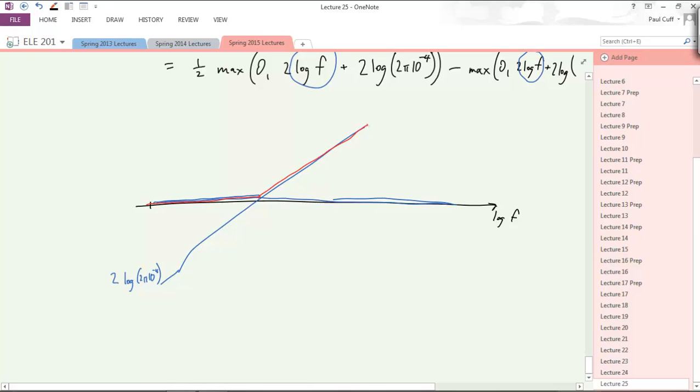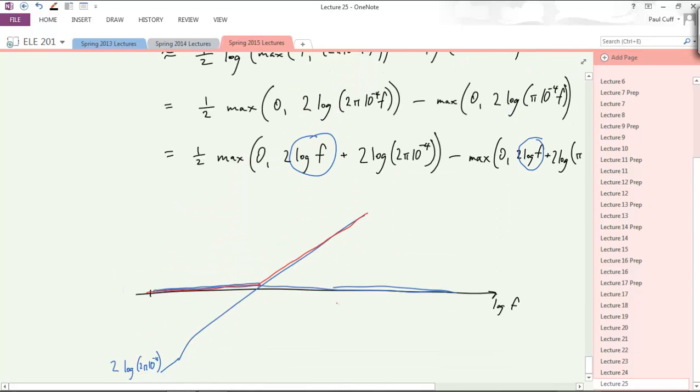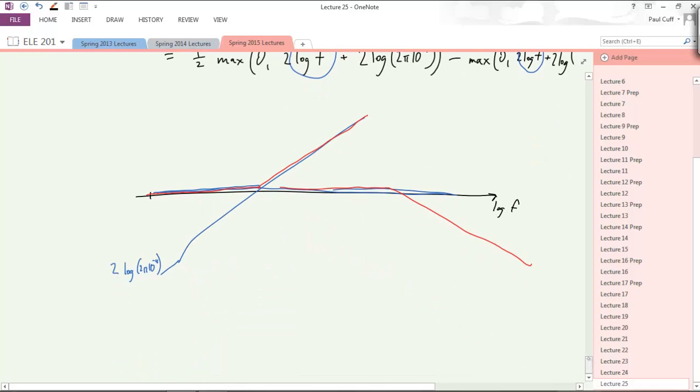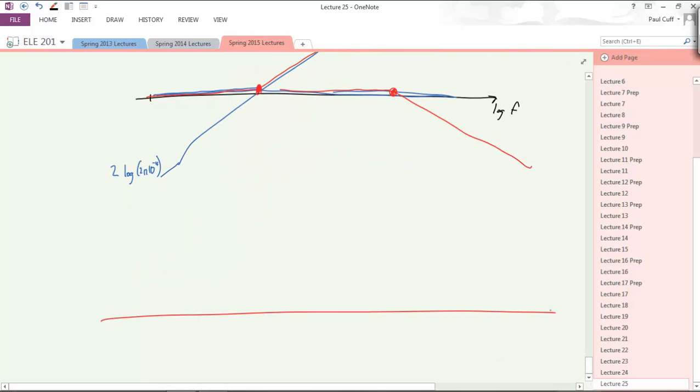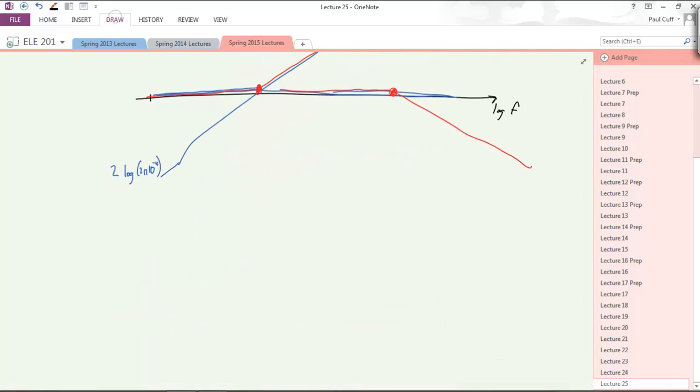Now the second term is going to be minus a max. So the second term will be some function, taking into account the minus. It'll be something that is 0, and then when it reaches some high enough log f value, it comes down at the same slope, 2. So really, all we have to know is where are these corner points in order to get a good plot. When we add these, the sum of these two things is going to be something like this.